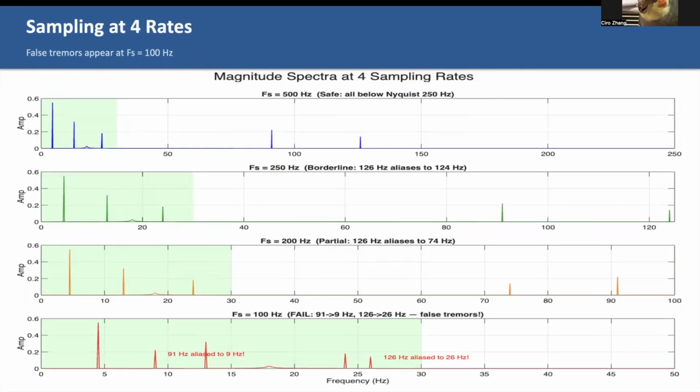So let's see if our predictions are right with MATLAB. Unfortunately, MATLAB confirms this prediction. On the four plots, you can see that at higher sampling frequencies, everything looks basically the same. But if we keep decreasing the sampling frequency, down to the lowest graph here at 100 hertz, we start to see these new aliasing signals.